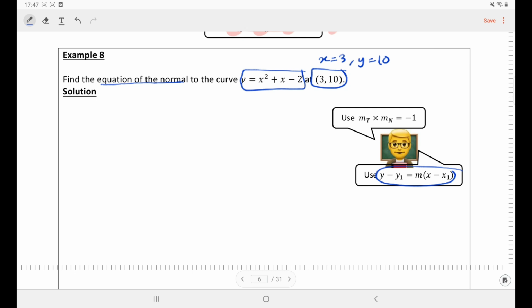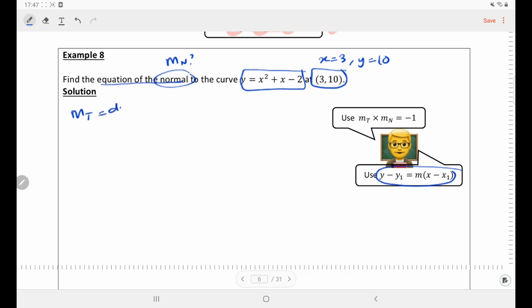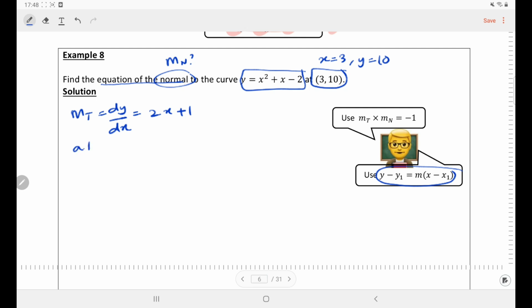Okay, the first step. In order for us to find the gradient of normal, mn kita nak cari, we need to find mt first. Gradient of a tangent. Okay, mt is equal to dy over dx kan? Tadi kita dah buat. So, kita akan differentiate dia. Like that. And then, same like before, kita akan substitute at x = 3.